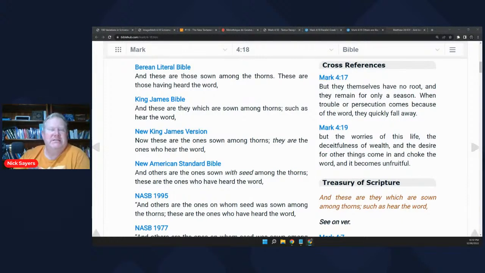So inside the closed class of Greek and Latin New Testament sources for the Textus Receptus' Greek, oti, these, and esin, are they. So this is the second part of the verse. So we see eis, among, which is a preposition plus an accusative.